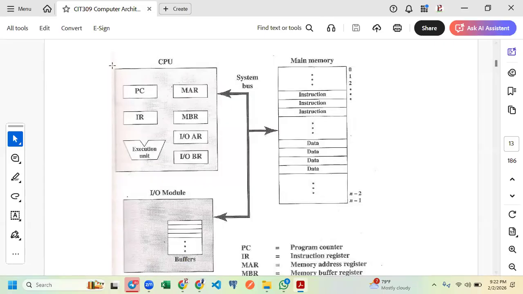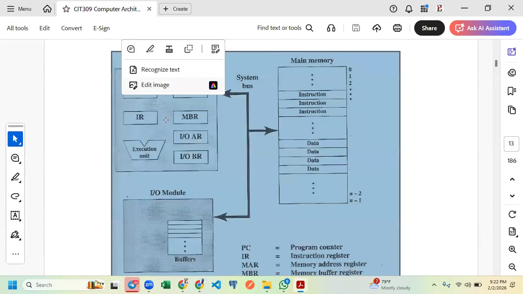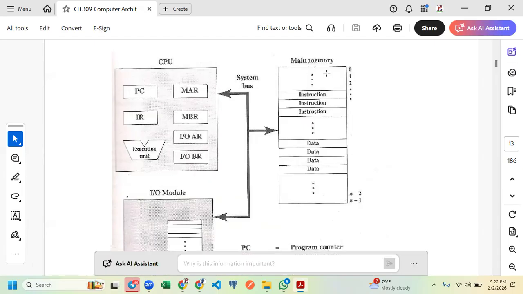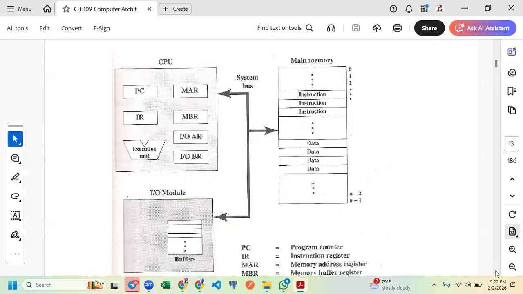The part that may be somewhat bulky for us to remember is this part of the CPU that contains a lot of abbreviations. But we should remember program counter, instruction register, memory address register, memory buffer register, input output address register, input output buffer register, and then the execution unit. Every other thing here, the input output module and the main memory, is very simple.